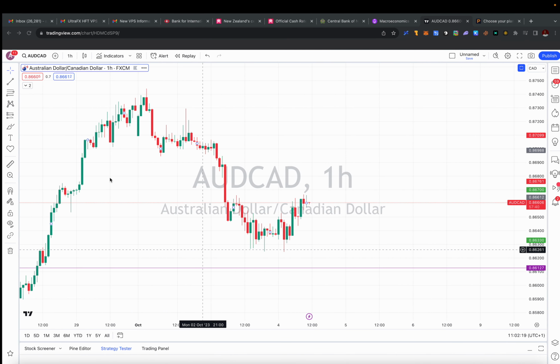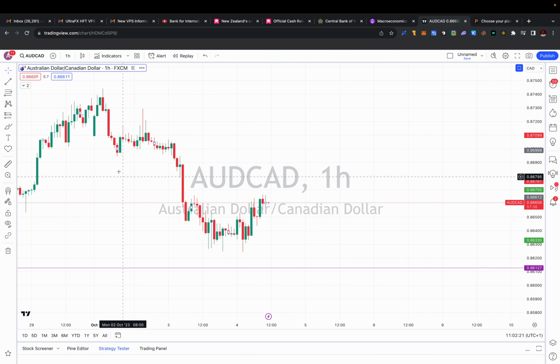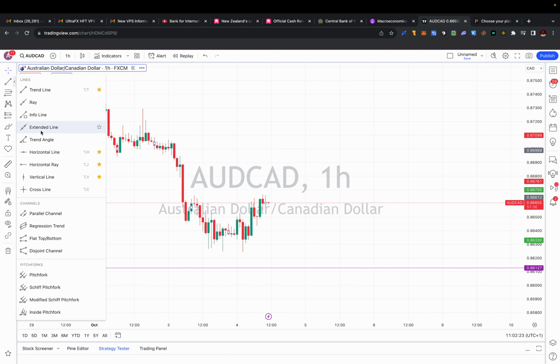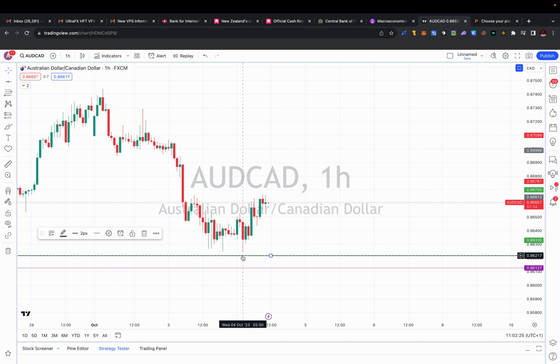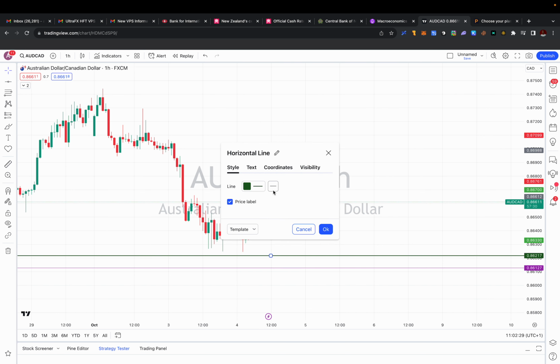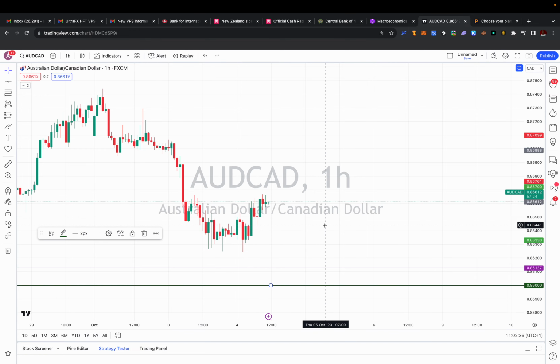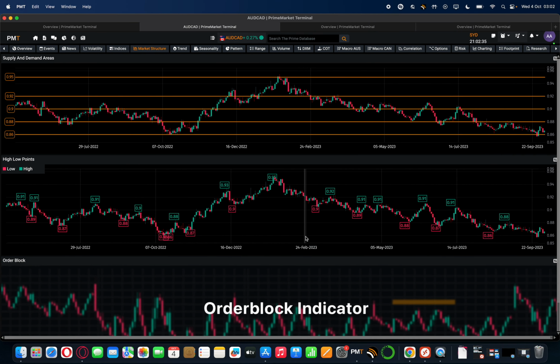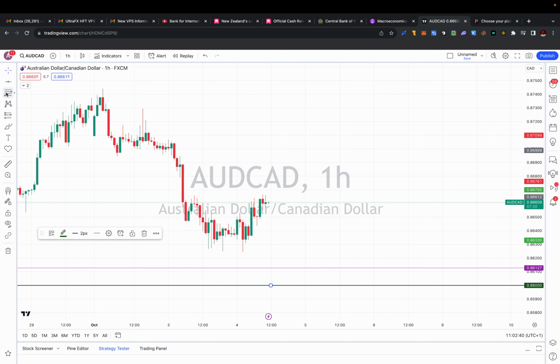So what I basically do is I mark them on my chart. I'll just take the horizontal tool and set it at 0.86, which is the first one. Yeah, I'll set the other one, 0.88, 0.9. So I expect price to react on those points.